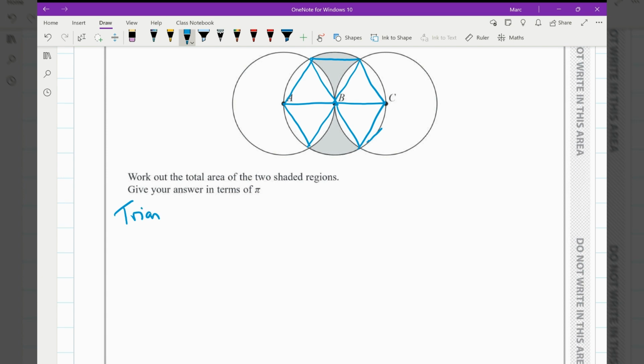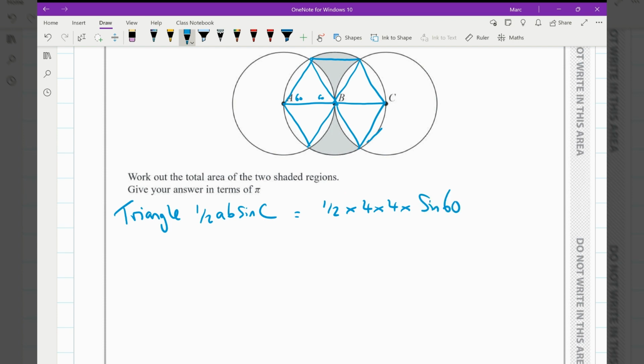So the triangle. We've got an equilateral triangle. It's 60 degrees. I'm going to use half ab sin C, which means it's just a half times by 4, because that's a radius, times by 4 again, times by sin 60.